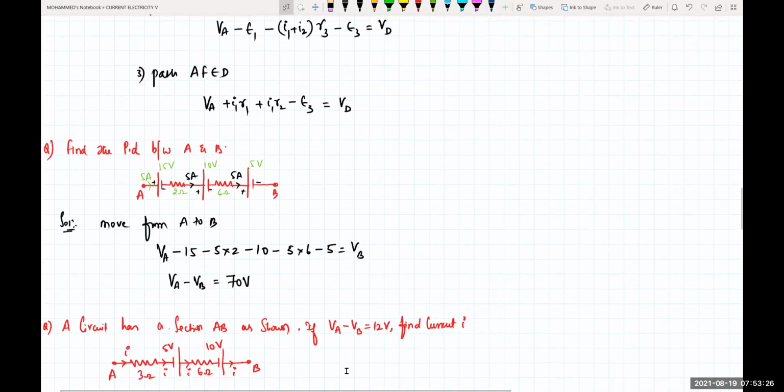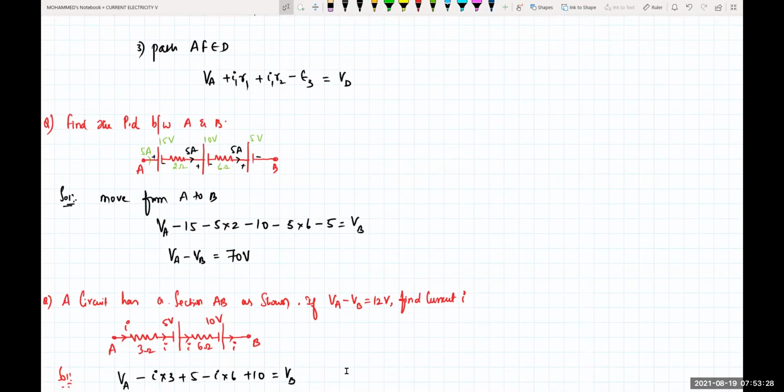See the first question. Find the potential difference between A and B. I'm going from A to B. At A, the potential is VA. Then a battery is coming in between, where I'm ending at the negative terminal, so minus 15. Then what amount of current is flowing here? 5 amperes. Resistance is 2.